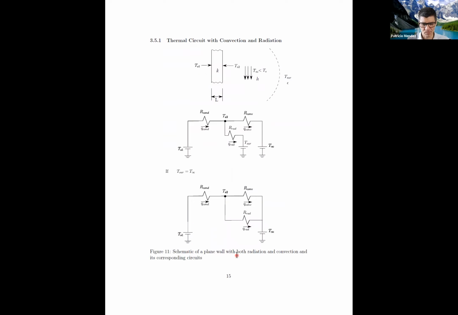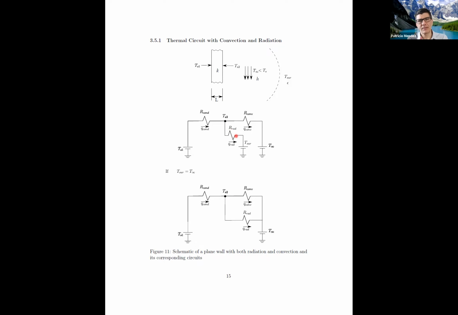And what we saw is that radiation goes in parallel with convection in many cases. For example, if we have a wall that has some fluid temperature outside and some surrounding temperatures, from the surface of the wall, we have heat that goes out by convection, and simultaneously, it goes out by radiation from the same surface.